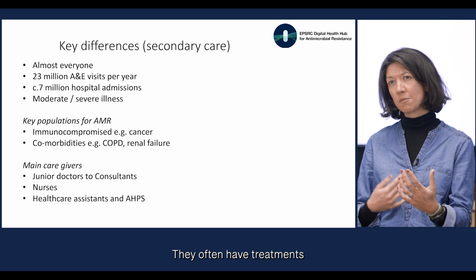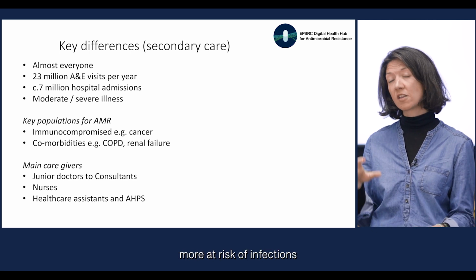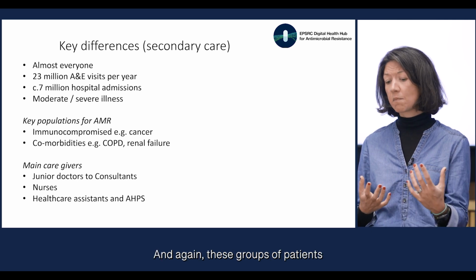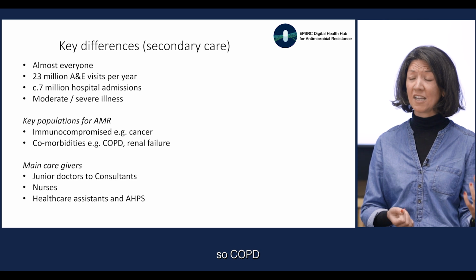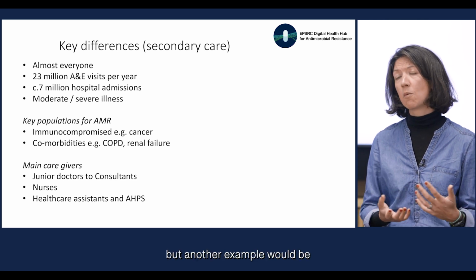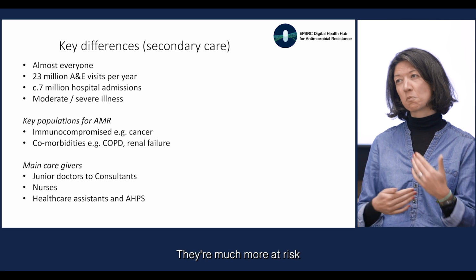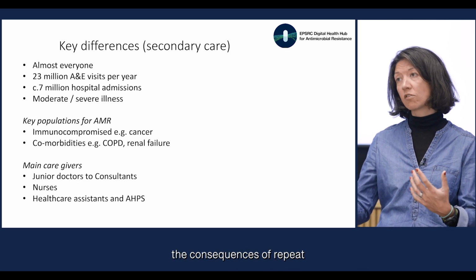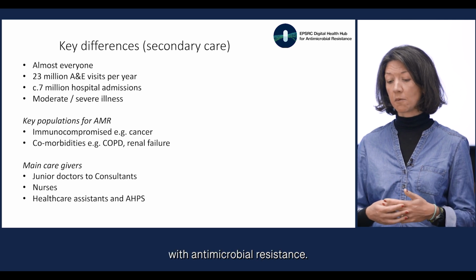They often have treatments that suppress their immune system, and that means they're much more at risk of infections and antimicrobial resistance. And again, these groups of patients with chronic illnesses, with comorbidities. So COPD, I've just mentioned, but another example would be people who have renal disease, renal failure. They're much more at risk if they get urinary tract infections. And again, the consequences of repeat antibiotic exposure with antimicrobial resistance.